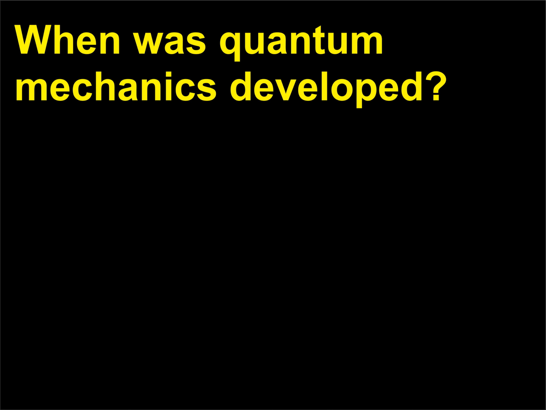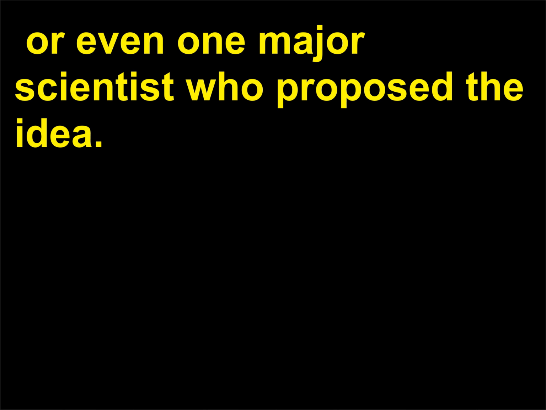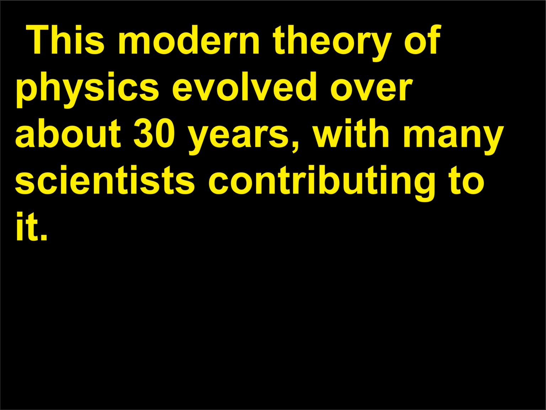When was quantum mechanics developed? There was not one major year in which quantum mechanics was developed, or even one major scientist who proposed the idea. This modern theory of physics evolved over about 30 years, with many scientists contributing to it.